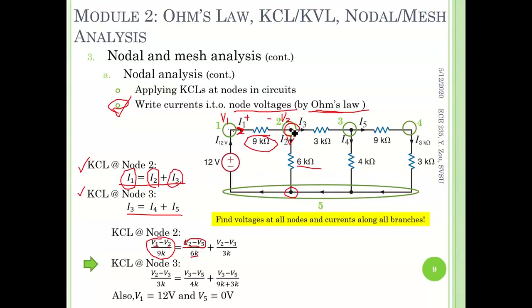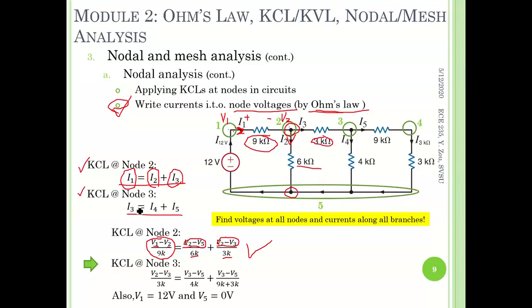I3 flows from node 2 towards node 3, so we write V2 minus V3 rather than V3 minus V2, and then divide by the resistance current I3 goes through. So this is how we rewrite the first equation, the KCL at node 2. The resulting equation is in terms of node voltages. This is the final nodal analysis equation we should have in a quiz or exam in future.